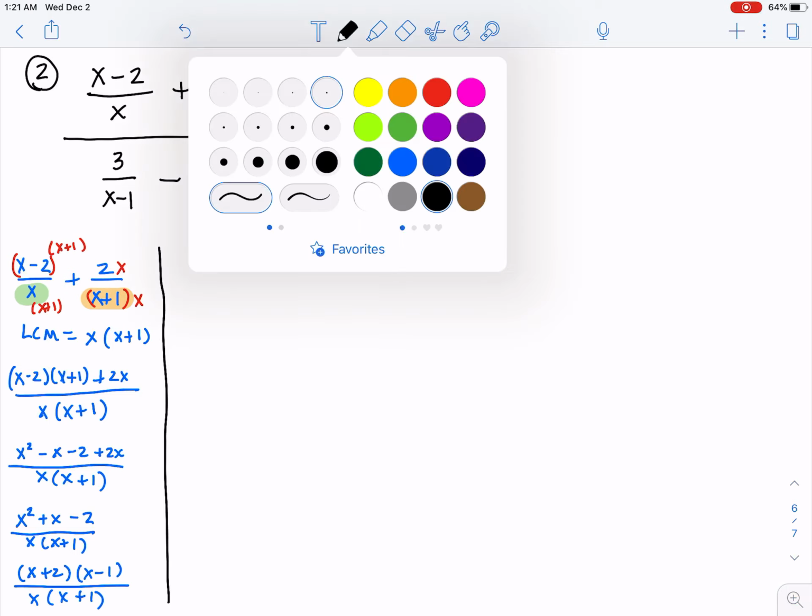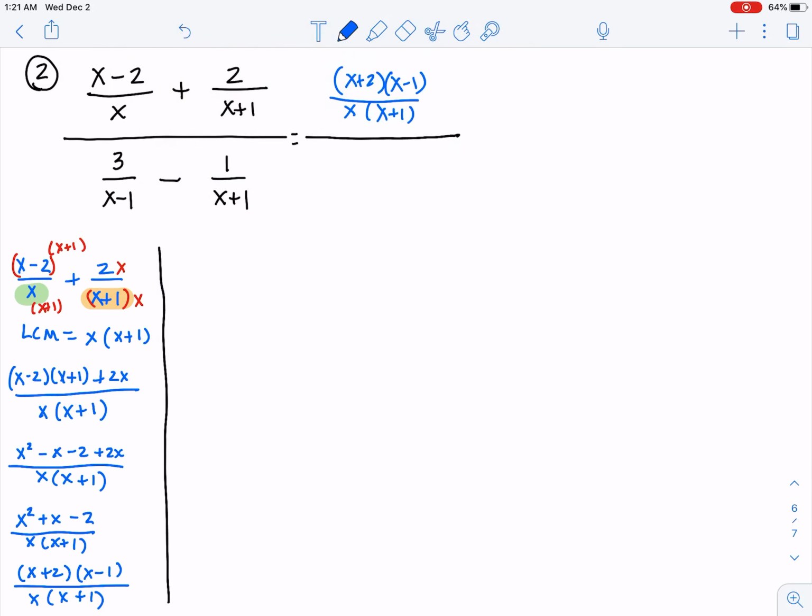All right, so let's take a look at this denominator. I have 3 over x minus 1 minus 1 over x plus 1. Now keep in mind that x minus 1 is a group, and x plus 1 is a group. All right, what's the least common multiple?